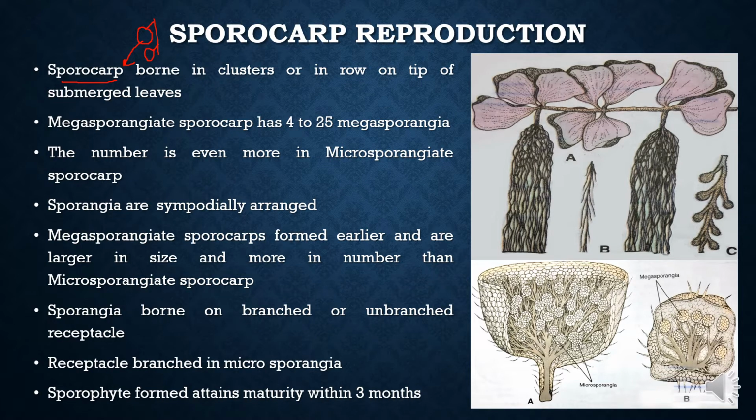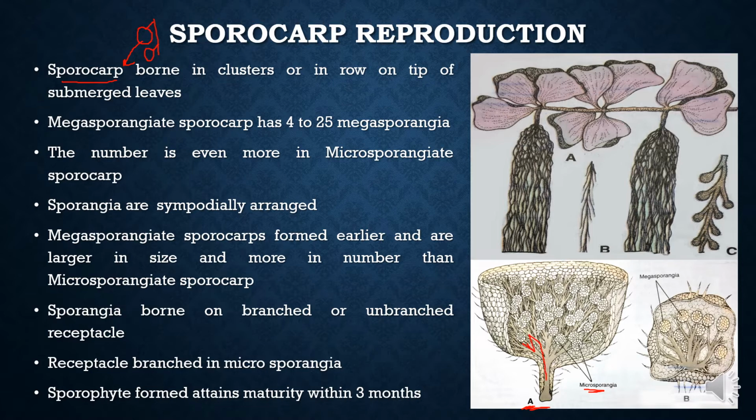So this is the picture. In this picture we see figure A, which shows the transverse section of a sporocarp with microsporangia. We see that this sporocarp has a two or three layered outer wall which is protective in function, and the microsporangia are borne inside the sporocarp on a branched receptacle.